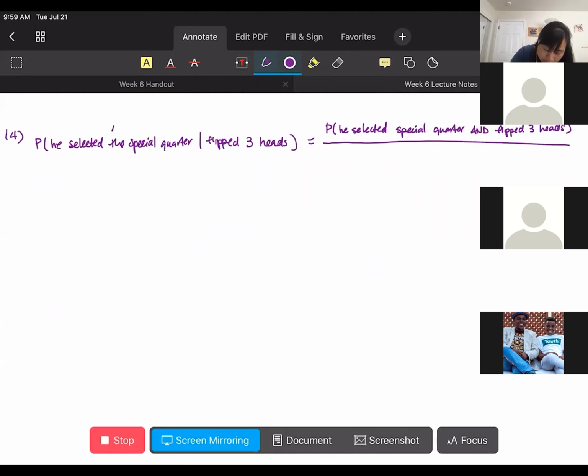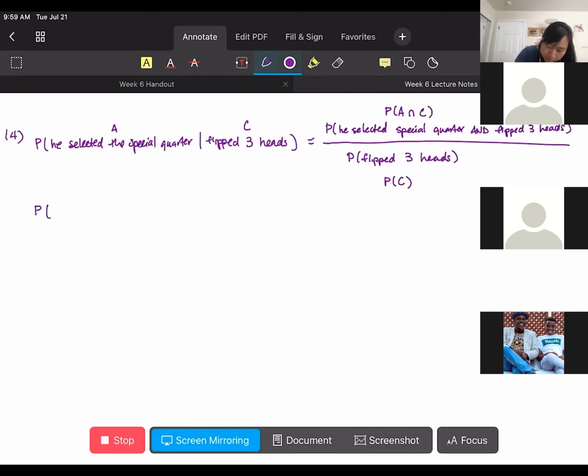If we call this event A and this condition C, then this is probability of A and C over the probability of C. Does that make sense so far? Yeah. All right, so let's start with the numerator.